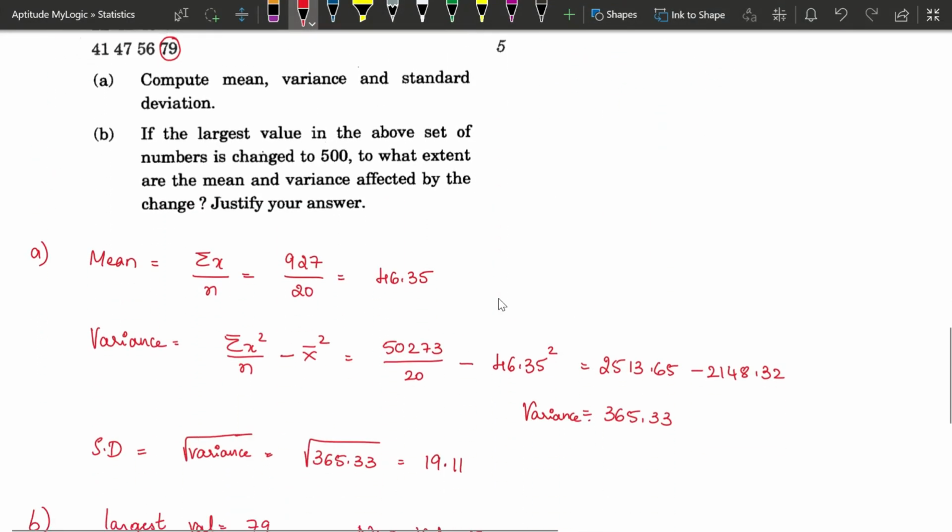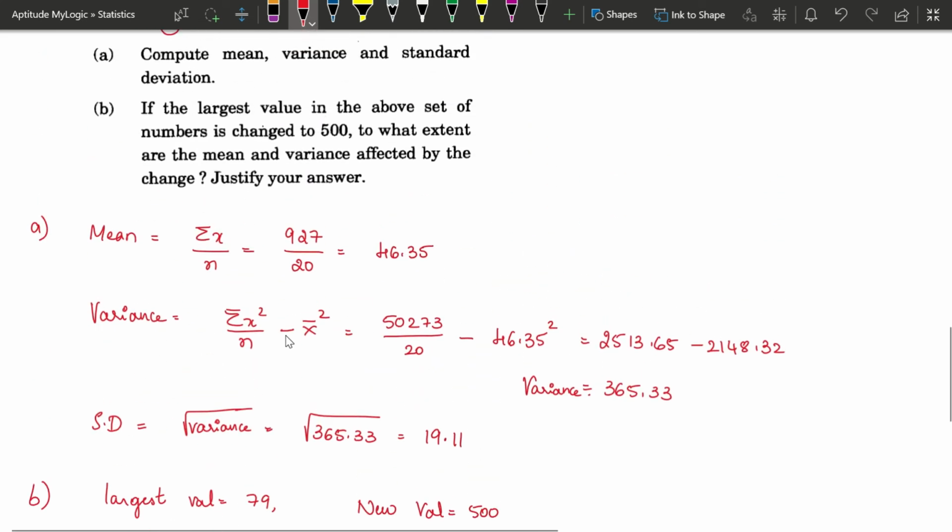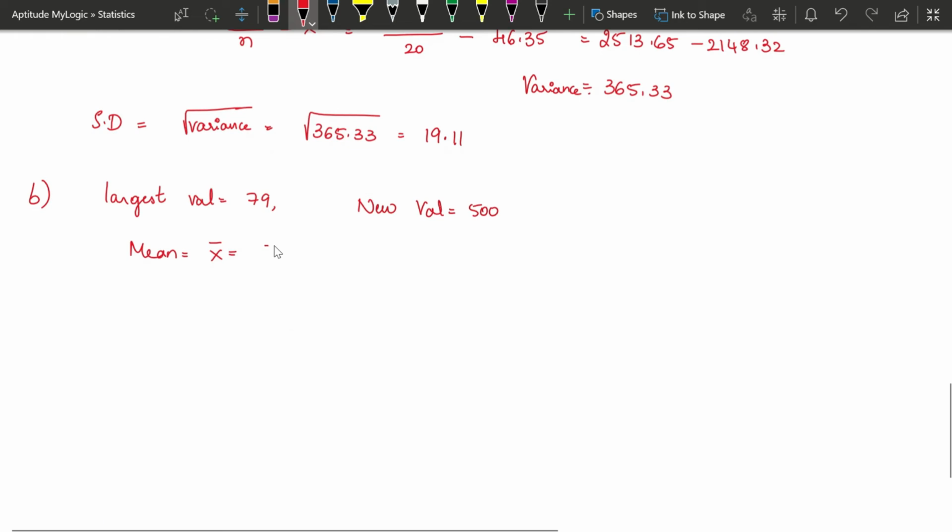Now what is mean? So to find mean, we will take sum of all the values divided by the number of values, right? So sum of all the values, we know it is 927, considering this 79 as one of the values.